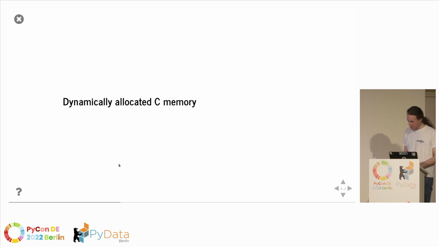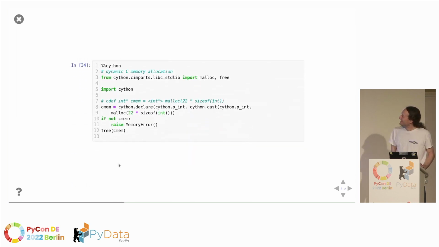Just to show you how deep you can go into using C stuff, probably the most C-ish thing you can do from Python is allocating C memory, right? And this is how you use malloc and free. Again, we have this magic cimport. And then down there, where do we have it here?